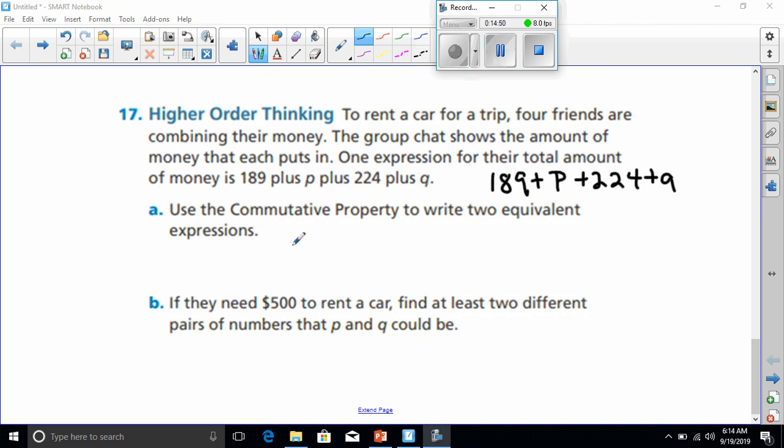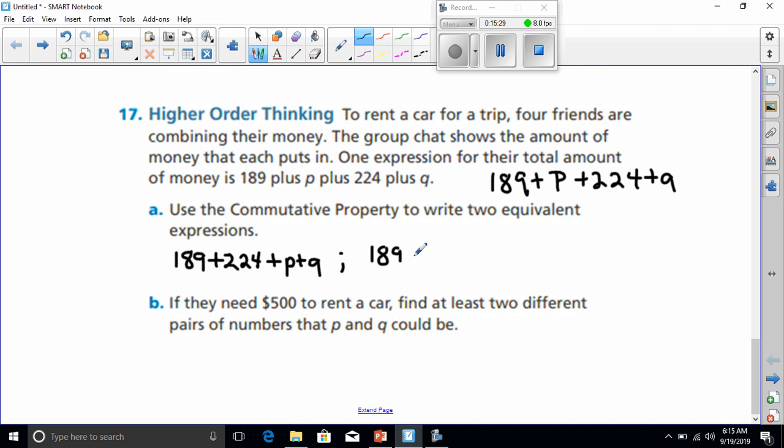Since I'm going to use the commutative property, that means I can rearrange the order of the numbers. So in this case, one example could be 189 plus 224 plus P plus Q. Another example, I just pick an example where I rearrange the order of the numbers.